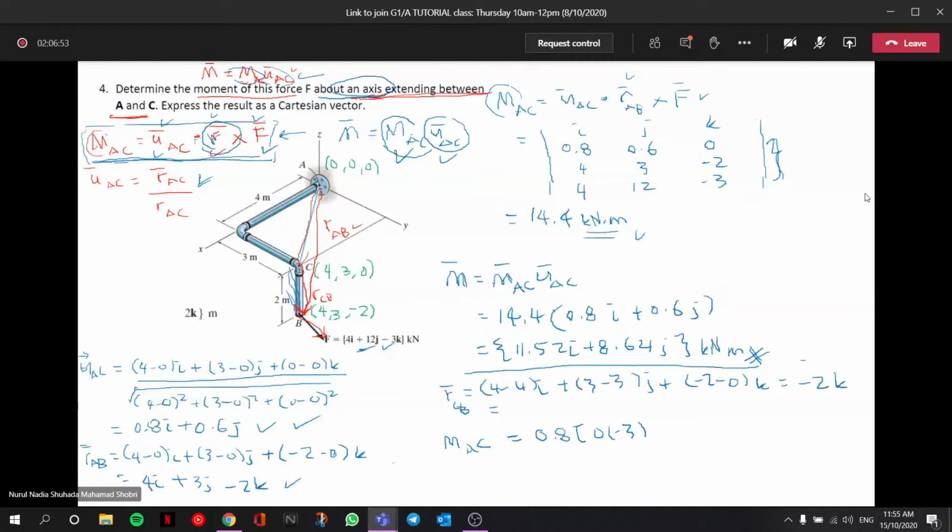I don't have enough space, so I don't write the matrix. This should equal to... Can you guys verify whether we have the same value in this part? I mean the calculation steps.